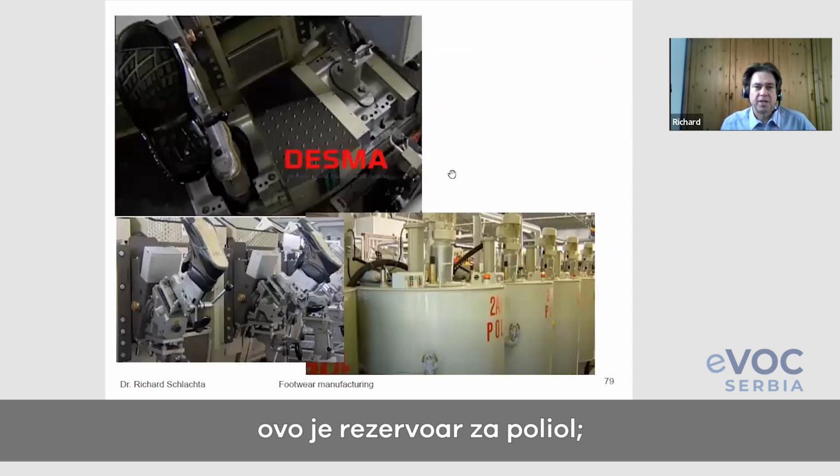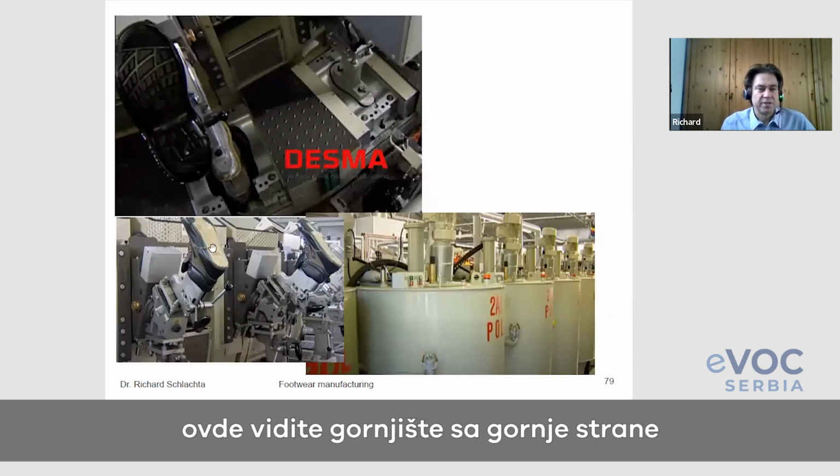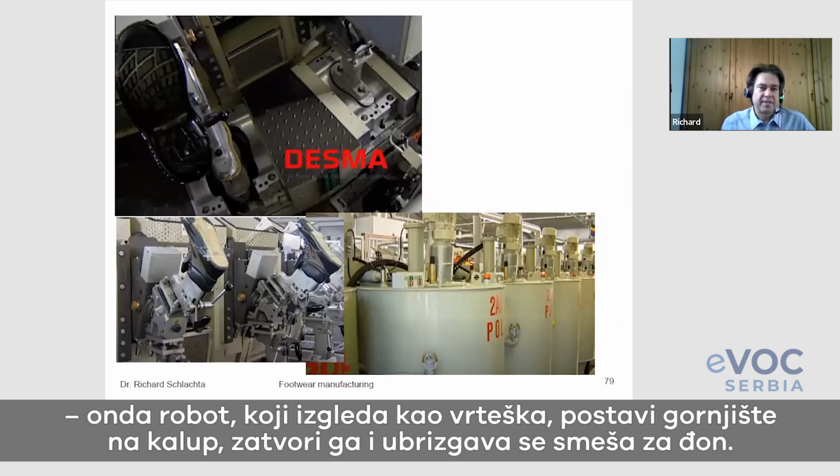Yes, another picture of how it looks. Those are the tanks of polyol, and you see the upper here on the top, and then the robot. It's like a carousel, like a roundabout. Then if the mold is ready, this shoe upper will be put into the mold.